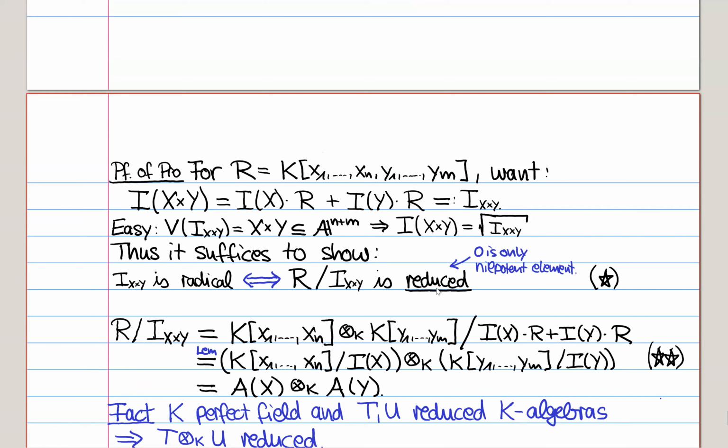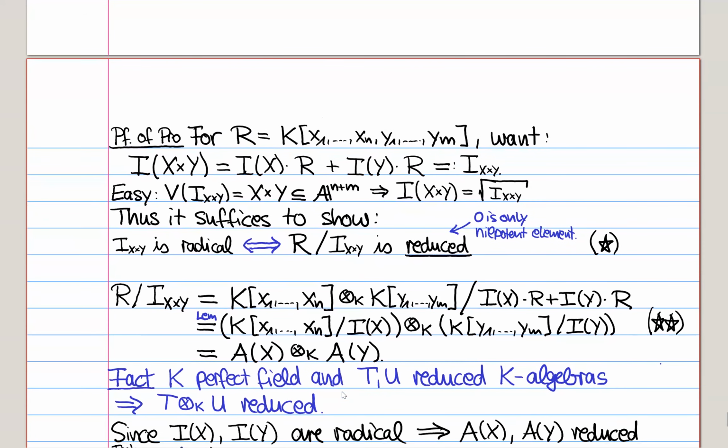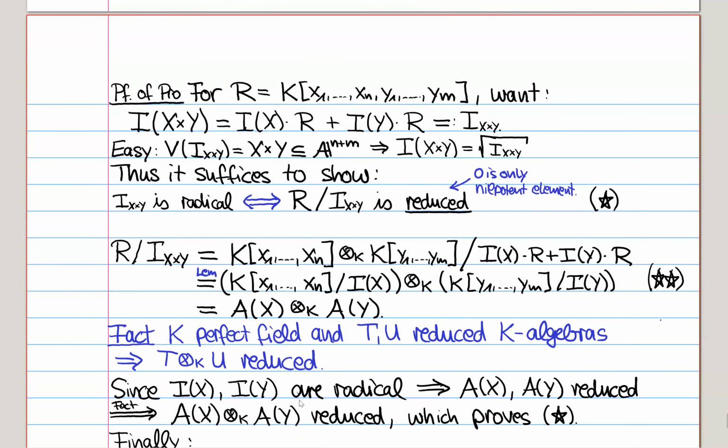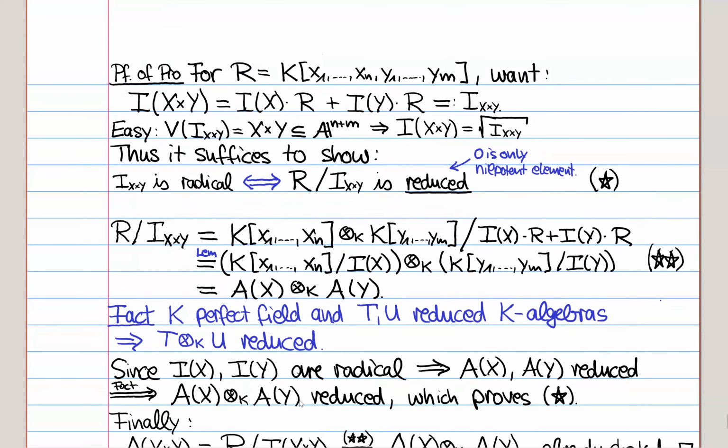And so returning for now to where we were in the proof before, we wanted to show this is reduced. And we have identified it now with this particular tensor product of coordinate rings. And now we use a fact, and this fact is actually not super easy. You need to input some thought in this, but it's again a commutative algebra fact which says: if K is a perfect field, and if T and U are reduced K-algebras, then the tensor product is reduced.